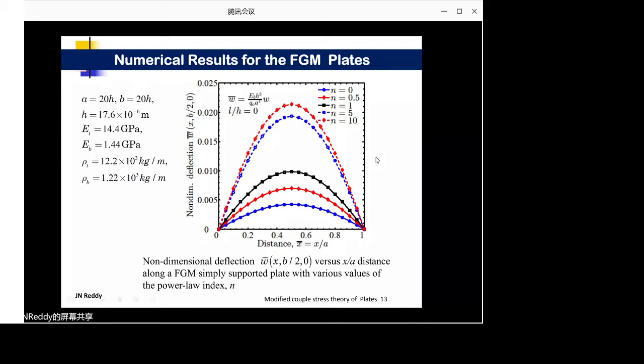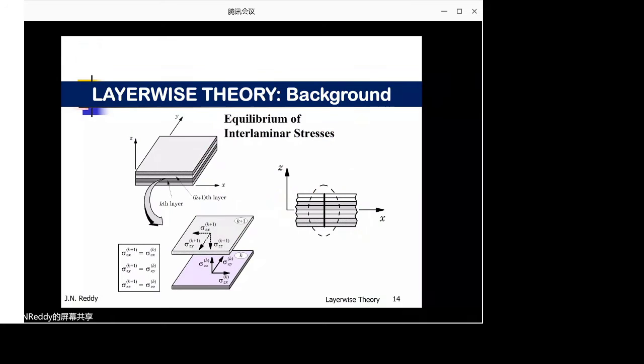And so you can see it goes from 0 all the way to 10. 10 is the most flexible. So this is just the deflection from one end of the plate to the other end. The center will have the most deflection, of course, for a simply supported case. And you can show if you do the same thing for nonlinear, these deflections would be reduced because of the stiffening effect due to the nonlinearity. So I'm not showing them, but we have those results as well.